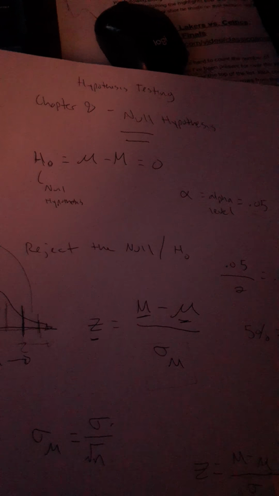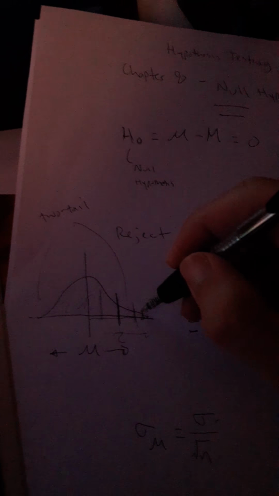So when we say an alpha level of 0.05, because this is a two-tailed test, we need to split this 0.05 into 2. So 0.05 divided by 2 is 0.025, or half of 5% is 2.5%. Okay, so 2.5% goes into one tail, 2.5% goes into the other tail.